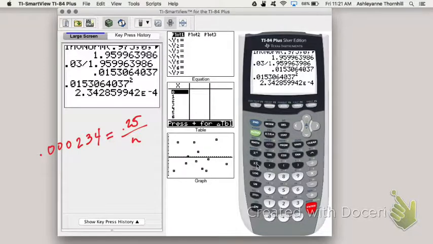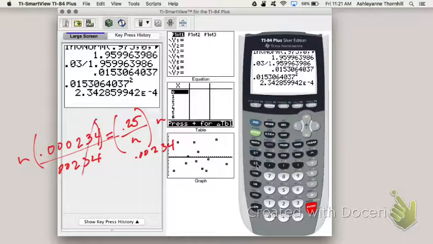Then, solving this algebraically, multiply by N and then divide by 0.000234. So N equals 0.25 divided by 0.000234.